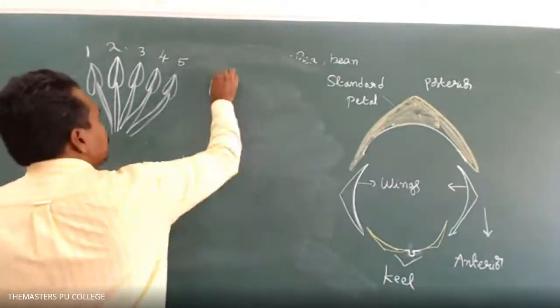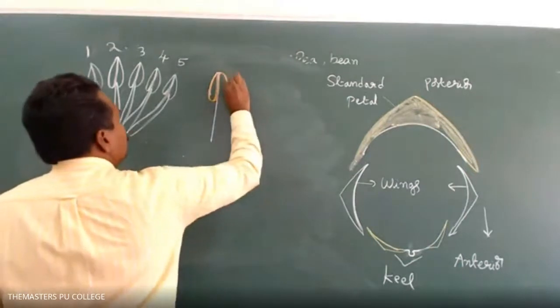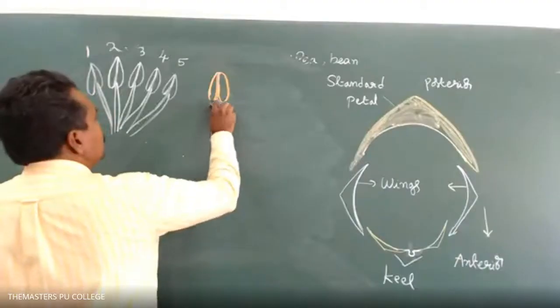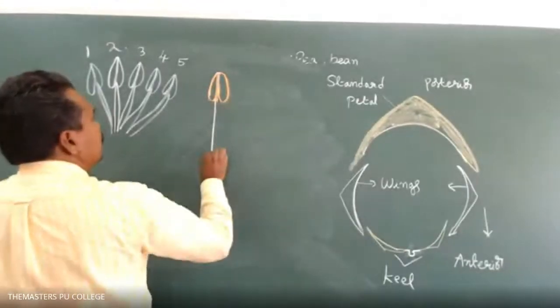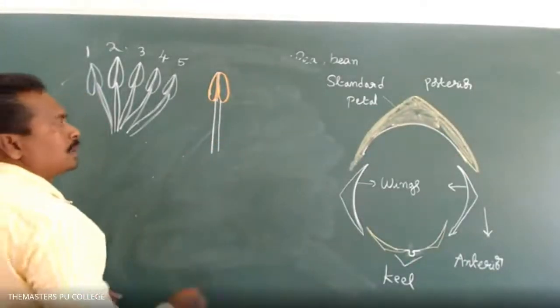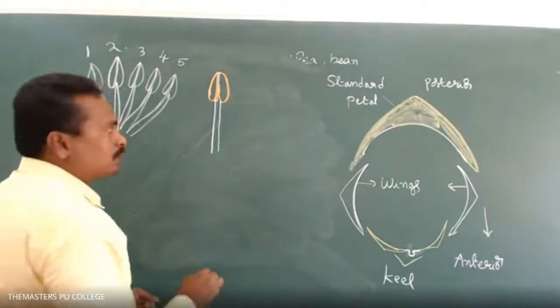Each stamen consists of two parts, filament and anther. Filament is the stalk of the stamen. Here I have drawn one stamen.